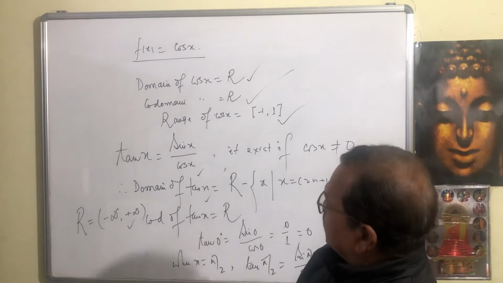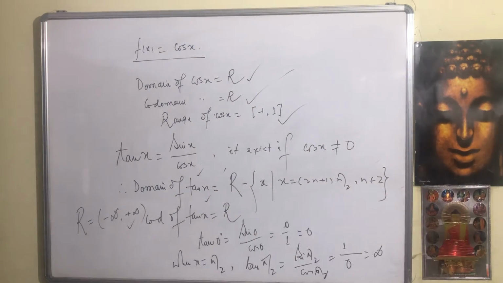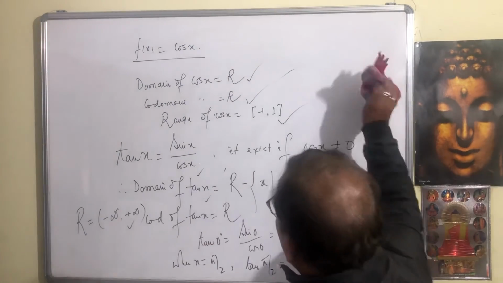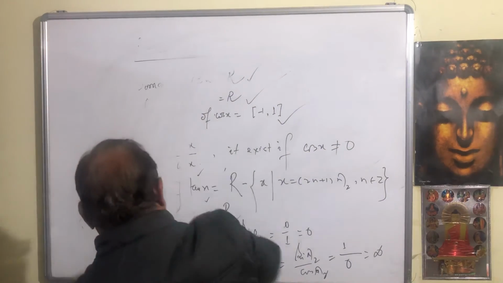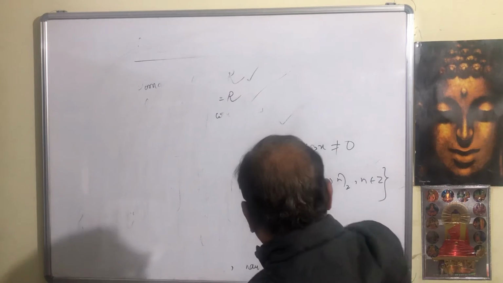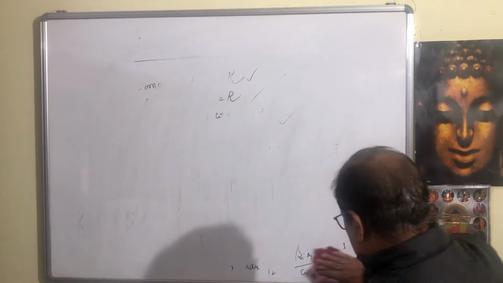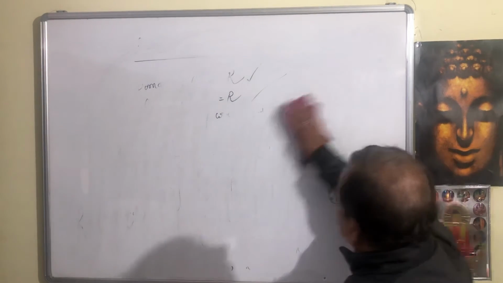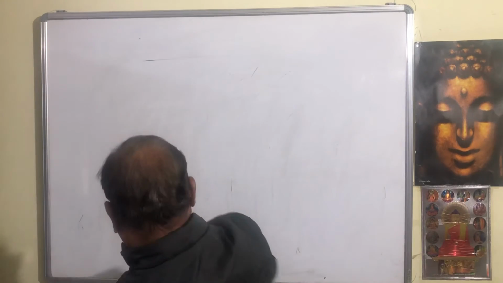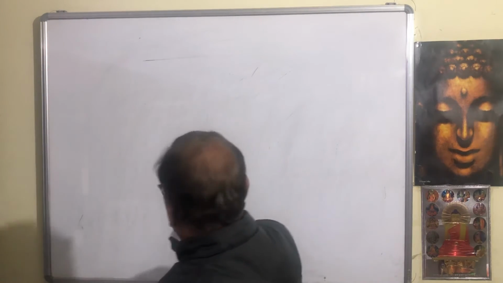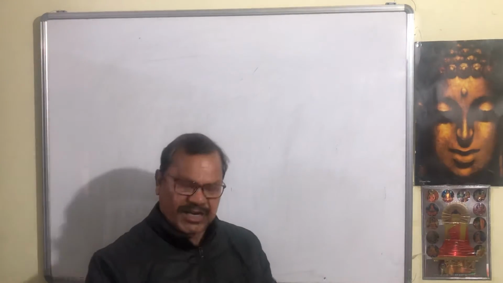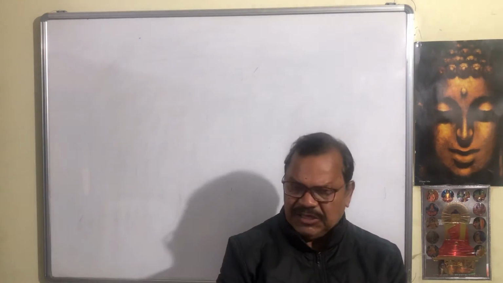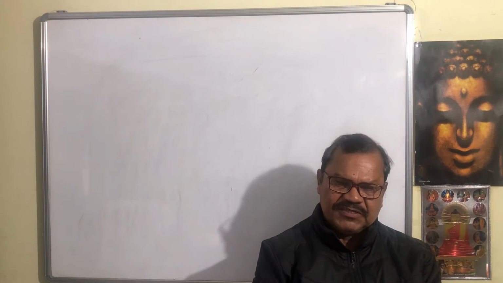Let us think about the reciprocals. That is the cosec x. Detailed study of this inverse function is very much needed because this gives the complete idea about the inverse of trigonometric functions.